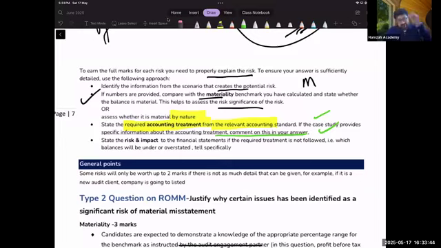If it is incorrect, why is it incorrect? And then afterwards, state the risk and impact. If it is incorrect, what will be the impact on the financial statements? Which specific items in the financial statements are understated or overstated?